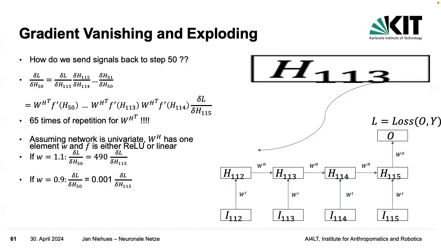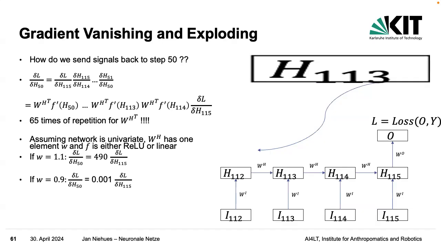Just assuming this is not a matrix, but just a single scalar value, what that means is, if your weight is 1.1, you already have at position 15, 460 times your loss. If it's a bit lower, like 0.9, you have 0.001 times your loss.